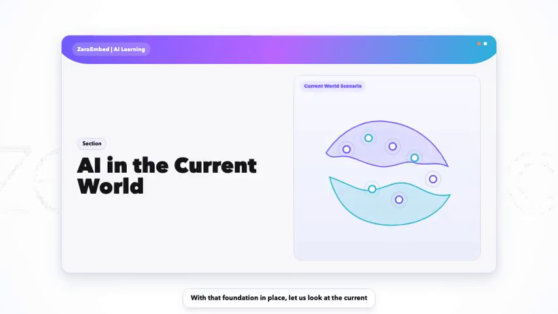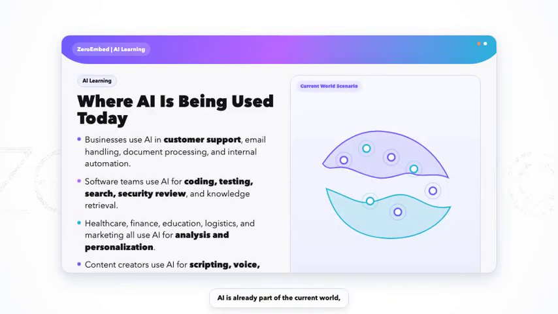With that foundation in place, let us look at the current world scenario and why AI now feels impossible to ignore. AI is already part of the current world, even when people do not notice it directly. In business operations, AI reads documents, classifies tickets, drafts responses, extracts information from emails, and automates repetitive actions across tools.